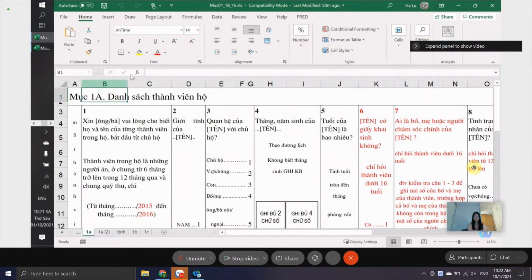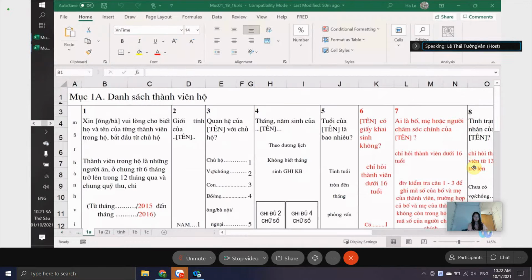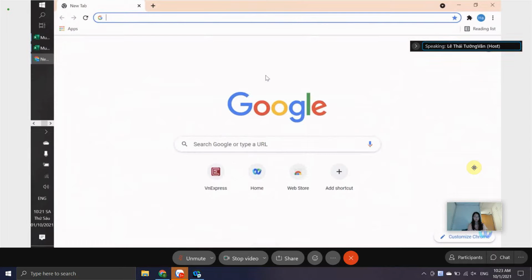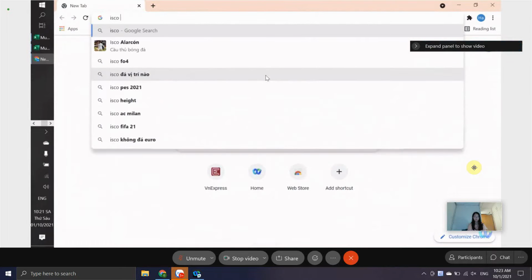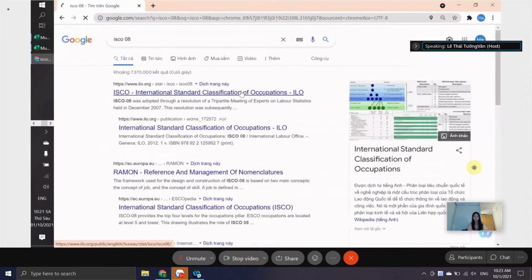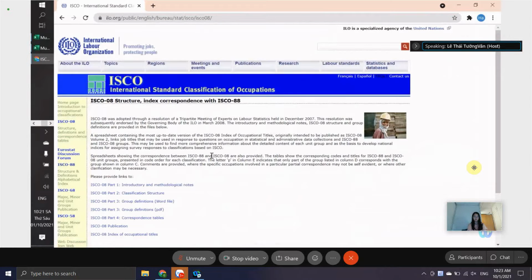Now, what do I mean by occupation? So when we talk about occupation, the reference framework is the so-called ISCO 08. ISCO is the International Standard Classification of Occupation.